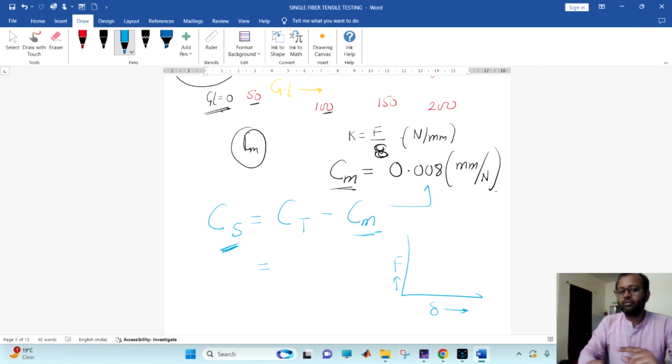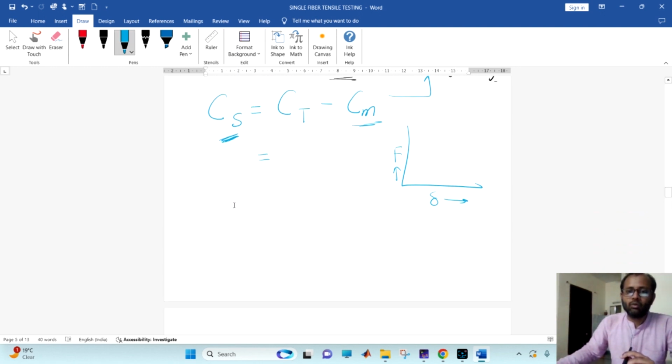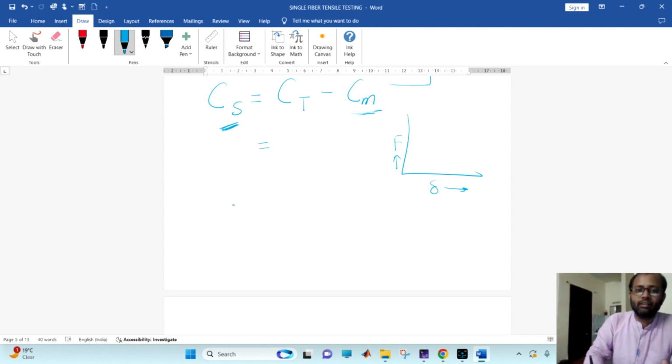When we have the compliance of the specimen, we can go and correct our E values. How are we going to see? The compliance of the specimen is equal to 1 by the stiffness of the specimen, that is F by delta. And what is delta actually? Delta is equal to FL by EA, so the compliance is 1 by F times that.